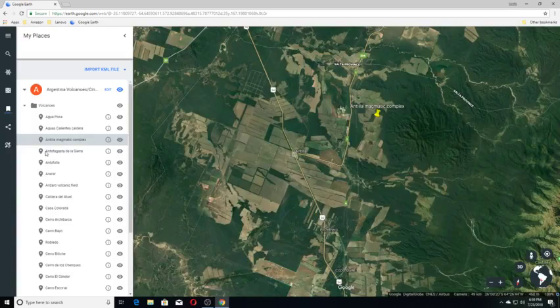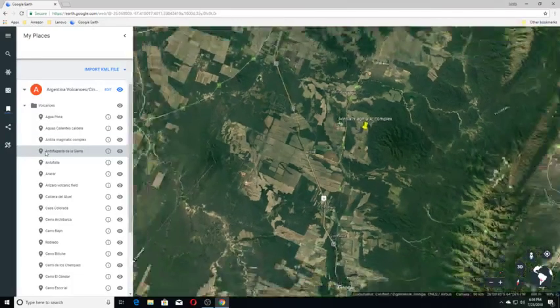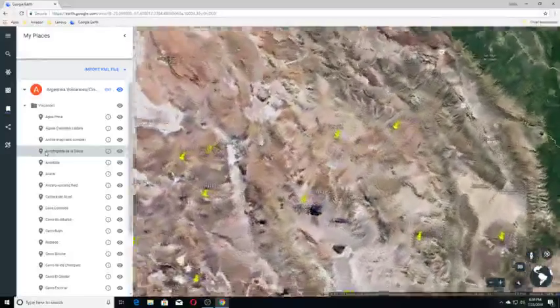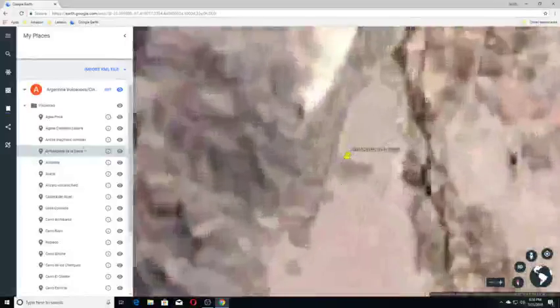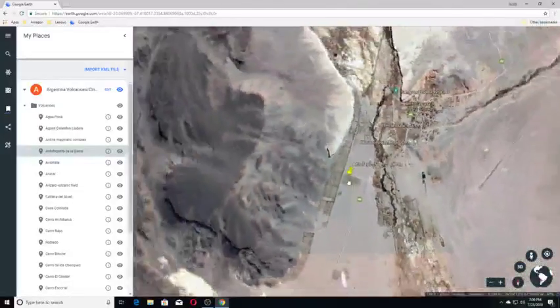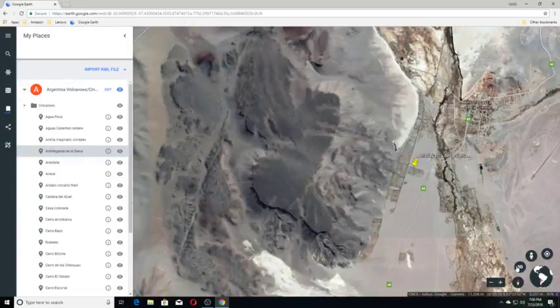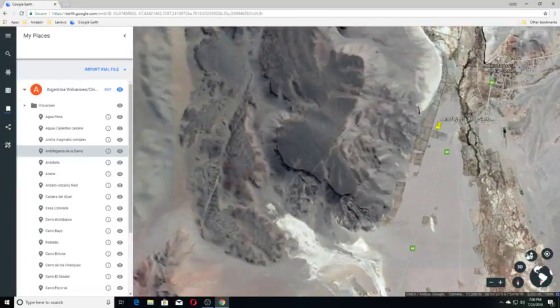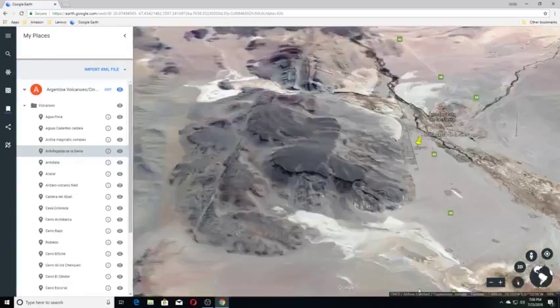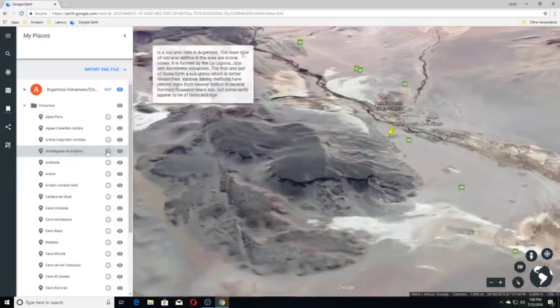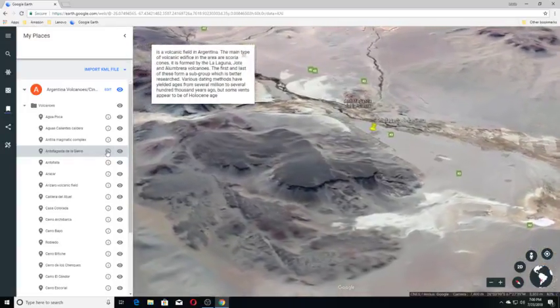Antofagasta de la Sierra. You can see it says Antofagasta de la Sierra here. And this is a volcanic field in Argentina.